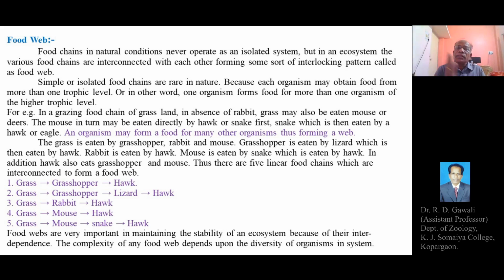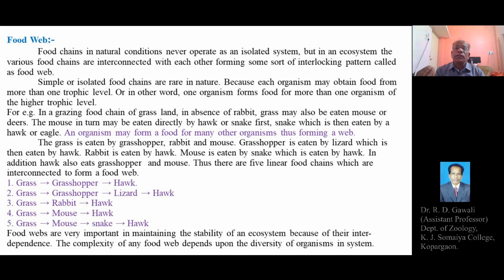For example, in a grazing food chain, grass serves as a food for the rabbit, mouse, or deer. Then the mouse in turn may be eaten directly by a hawk or by snakes or other carnivore birds. The snake is then eaten by a hawk or an eagle.